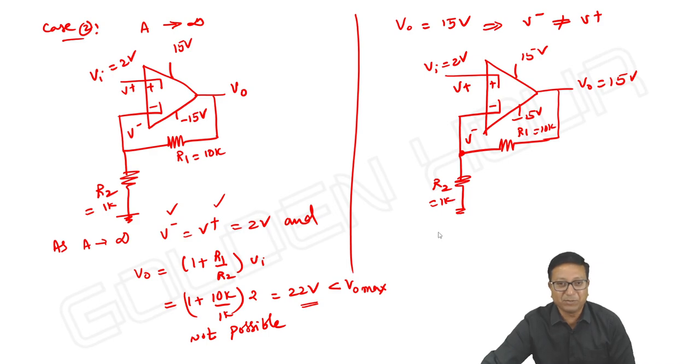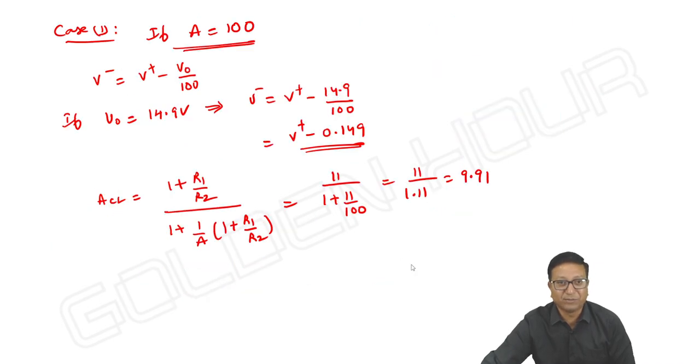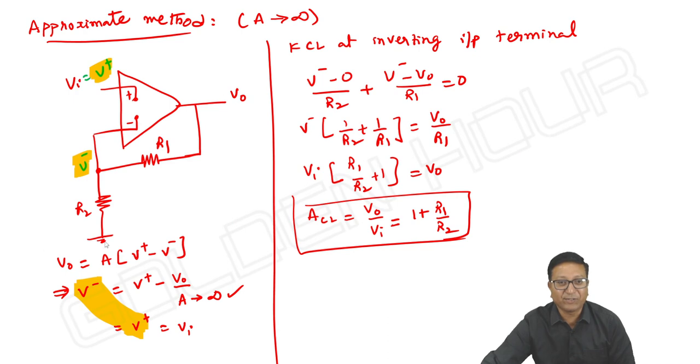And one more thing. What do we call this circuit? We call this circuit a non-inverting amplifier. Why is it named an amplifier? The gain is more than 1. You can take greater than or equal to also, but let it be greater than 1. It's providing some gain, and the output is in phase with the input.